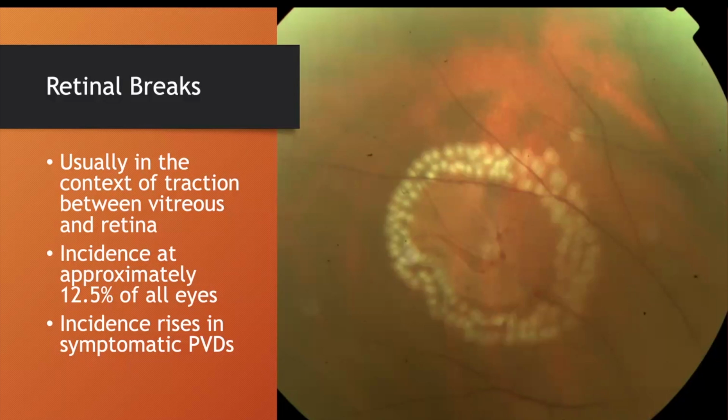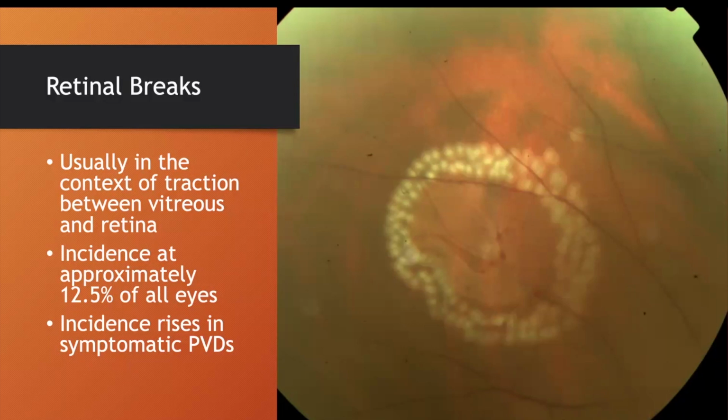So what you can see here in this picture is your typical horseshoe tear that's been lasered, but retinal breaks also is an umbrella term that looks at breaks that actually are also harmless, which is why this 12.5% is the understanding. And the incidence of retinal breaks, I've said this before, but if you have a PVD that is symptomatic, so lots of patients have PVDs and have no problems, but if a patient has a symptomatic PVD, that increases the risk of having a retinal break.